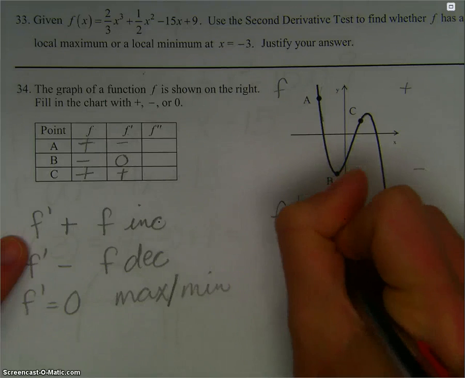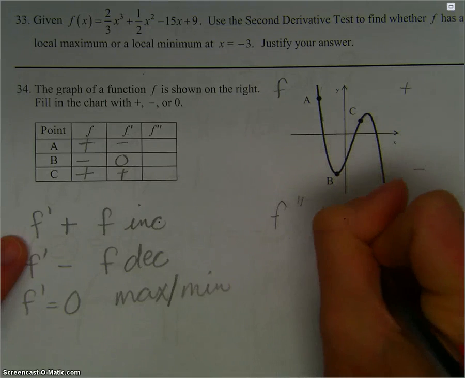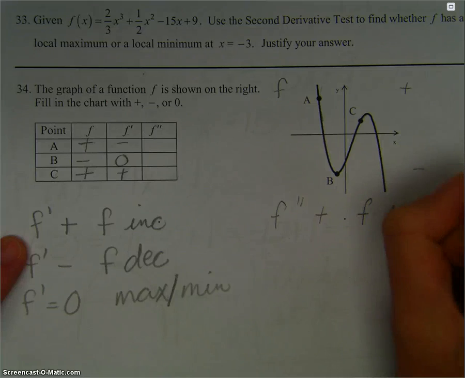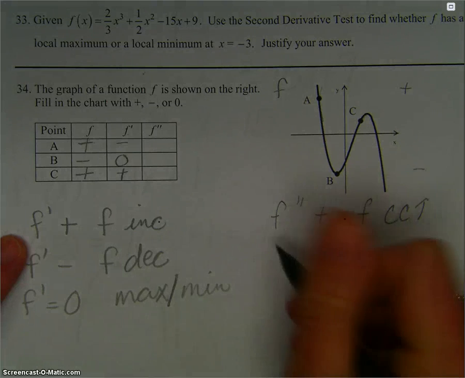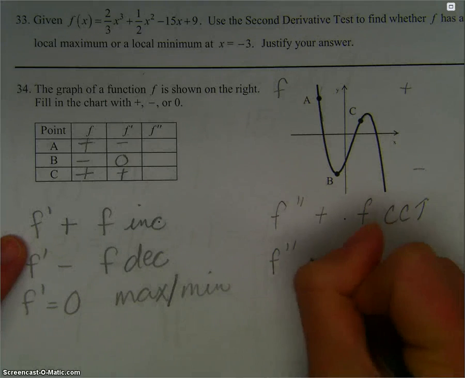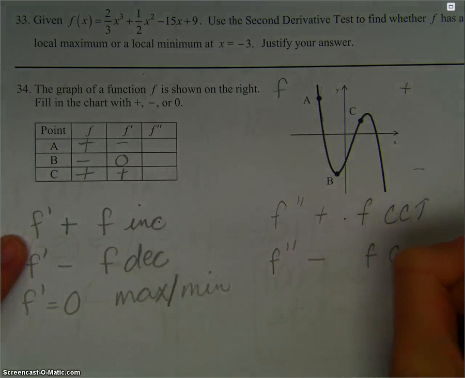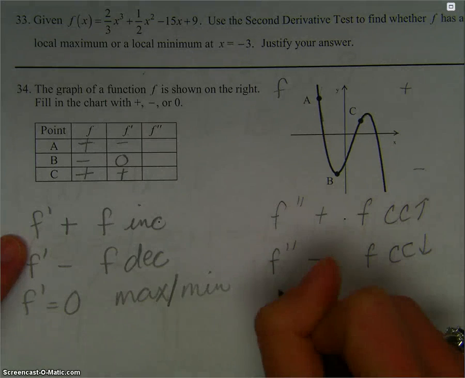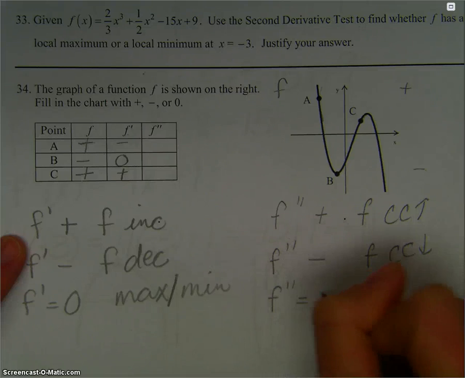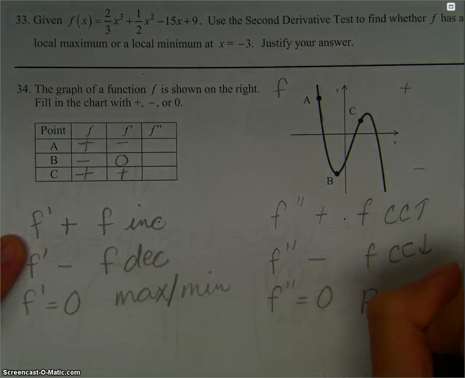And finally, f double prime is positive when f is concave up, and f double prime is negative when f is concave down, and f double prime is equal to 0 at an inflection point or a point of inflection.